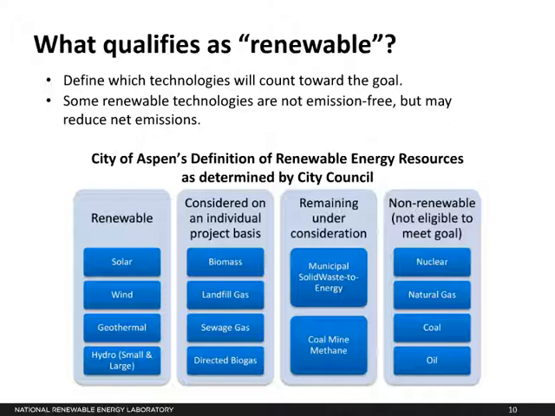As you can see, after some deliberation, generation from solar, wind, geothermal, and hydro were all prioritized, while generation from some other technologies would be considered on a case-by-case basis. And this categorization could have been sliced in any number of ways. Taking the time to clarify the definition gave clear direction to the staff that conducted the options analysis. And it was also used later as a reference point when the council came back to decide which options to look into further.